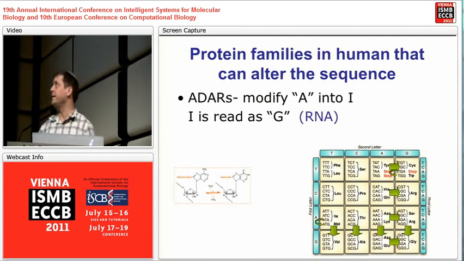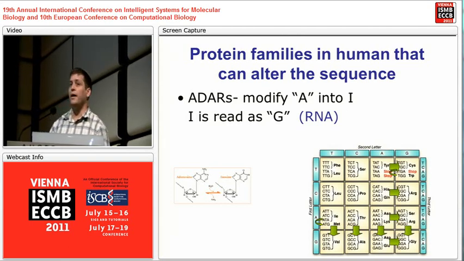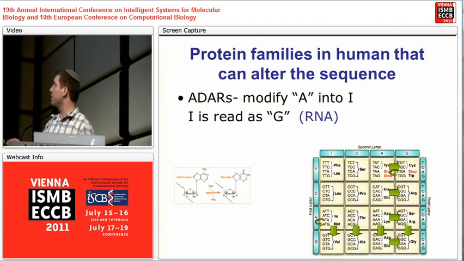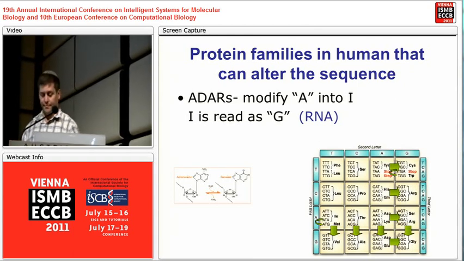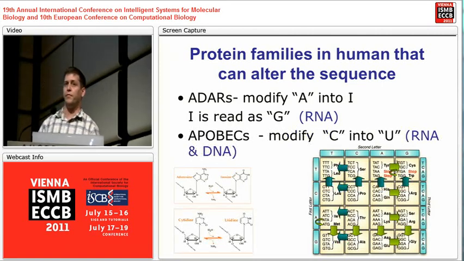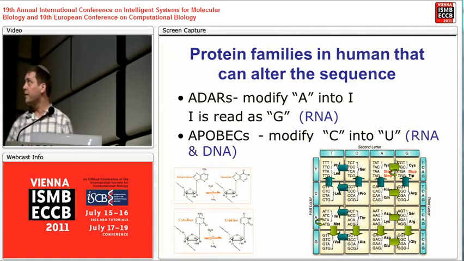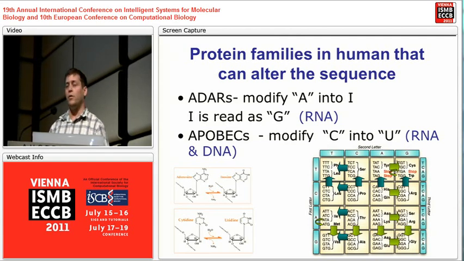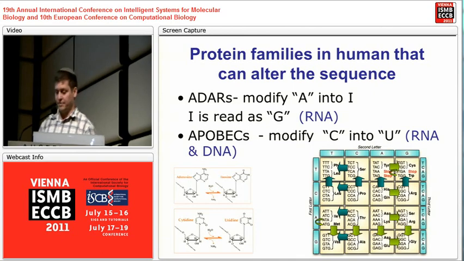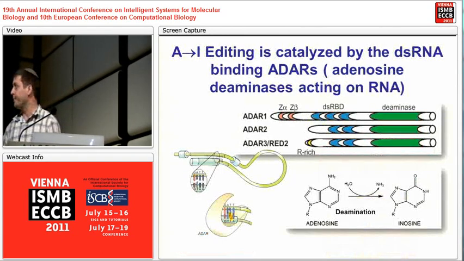The ADARs modify A, adenosine, into I, inosine, at the RNA level, and I is read as a G. So we have a slightly more complex genetic table than we used to think, because A can eventually be read as a G. Another protein family is the APOBEC. The APOBECs modify C into U, and they can work on either RNA or DNA. So we have a much more complex real genetic table.